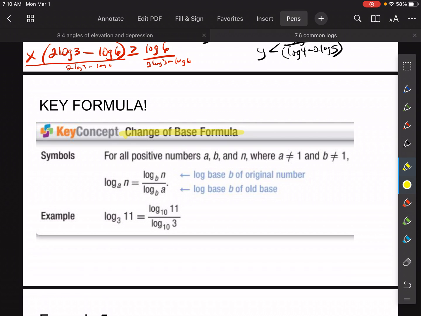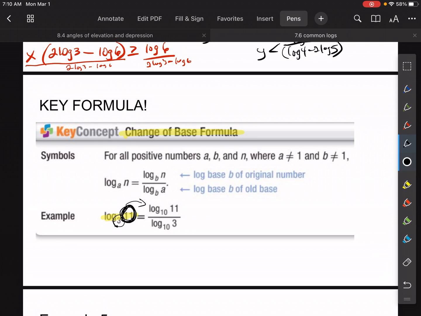So here we have something like log base 3 of 11, right? What this change of base formula allows me to do is you always take the argument that's here and write that in the numerator, and then the other piece is the base.